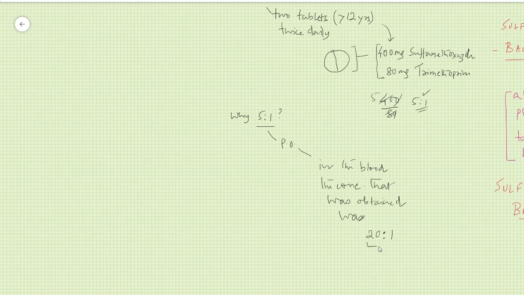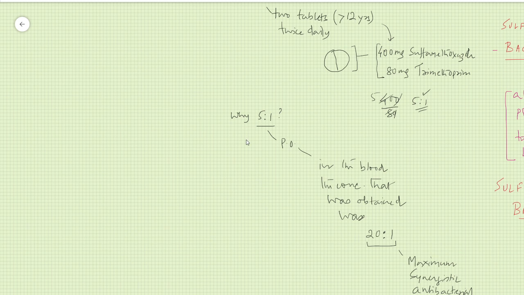What is the significance of 20:1? It has the maximum synergistic antibacterial activity.